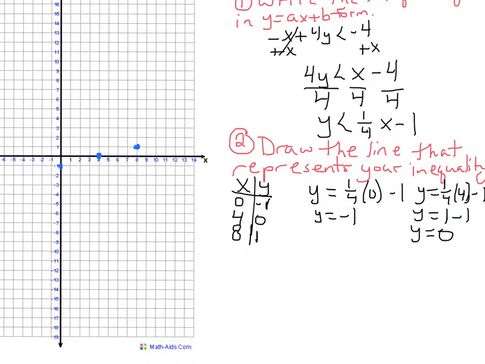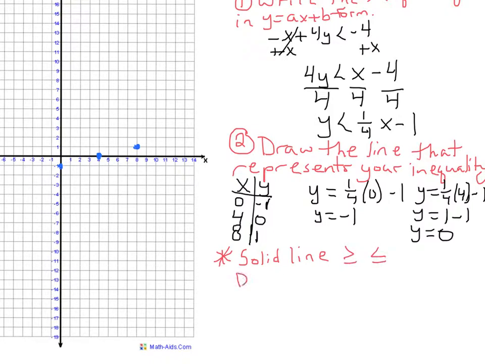There's one little piece here that we haven't talked about though. Even though we're drawing a graph here, and we're drawing a line, sometimes your line will be solid, and sometimes your line will be dotted. So I'm going to put a little star down here underneath my notes for number 2. It's a solid line for the symbols that are this.